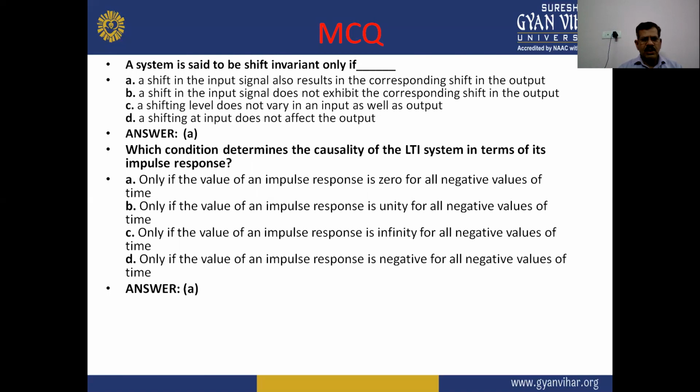Option C, only if it is infinity for all negative values of time. Option D, only if it is negative for all negative values of time. So here the correct option is A, only if the value of the impulse response is 0 for all negative values of time.